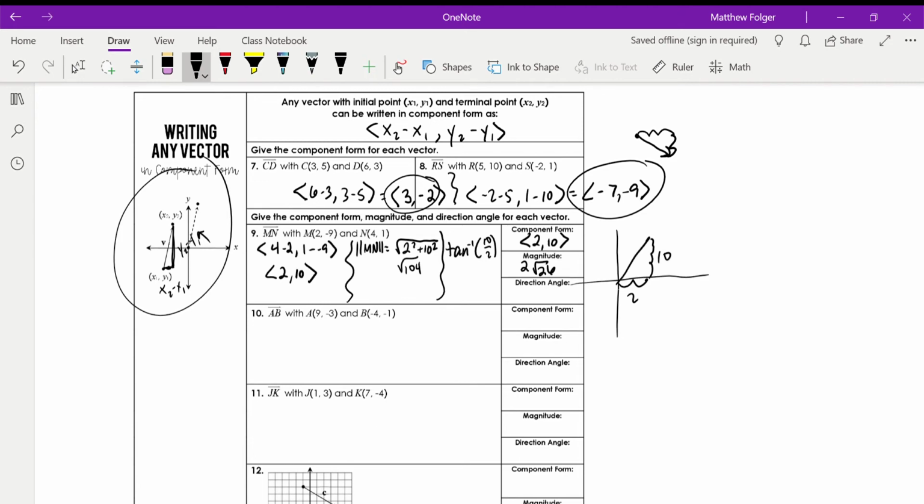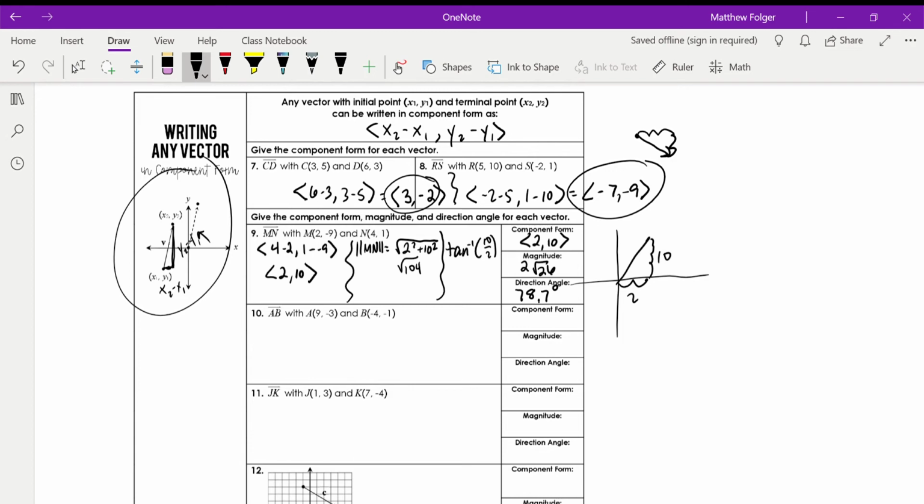So when we find our angle, we're just going to leave it. It is the reference angle. We don't have to move that anywhere else. So inverse tan of 5 is about 78.7 degrees. Okay, so there's the first one. We're just combining this with everything that we did yesterday.